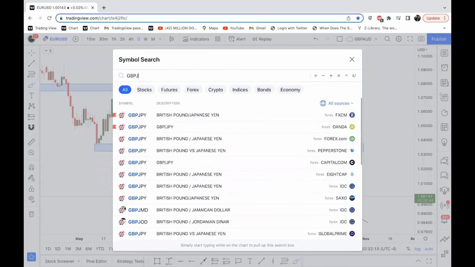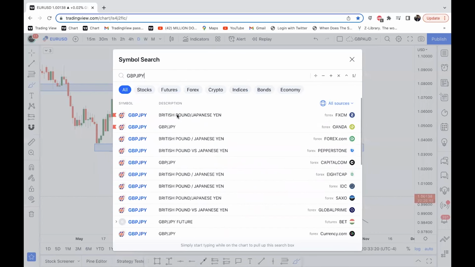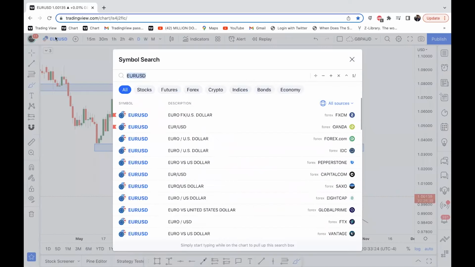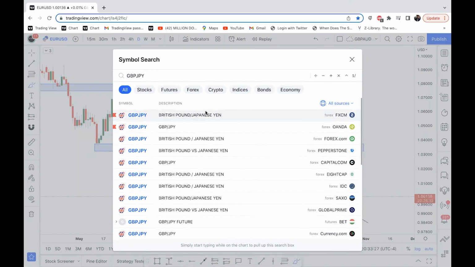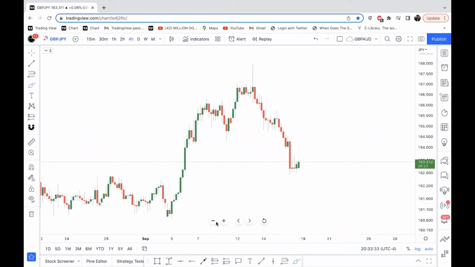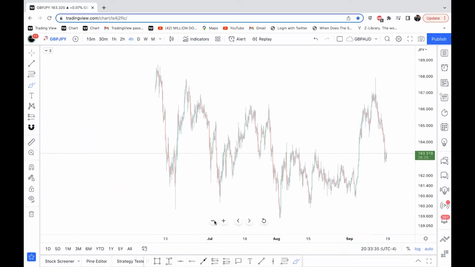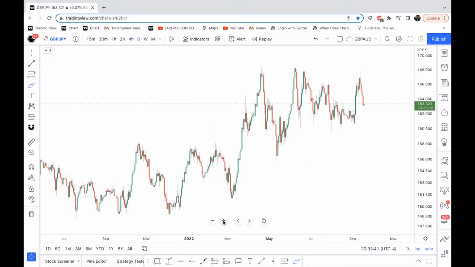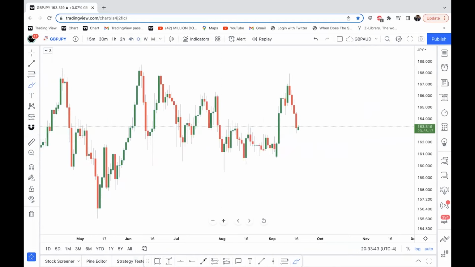GJ. All right, so GJ, when you're looking at GJ, pretty much the same thing.